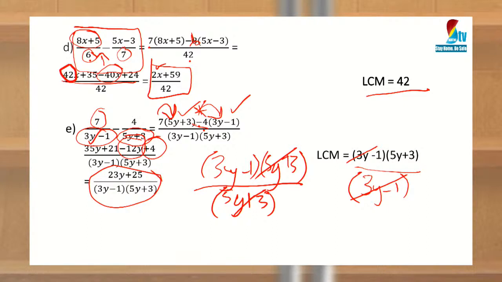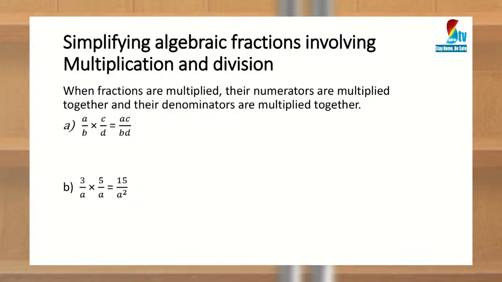What is going to happen if I am now multiplying or dividing fractions which involve an algebraic fraction? So when we are multiplying fractions, you just multiply the numerators and also multiply the denominators together. I have an example here where I have a over b multiplied by c over d.